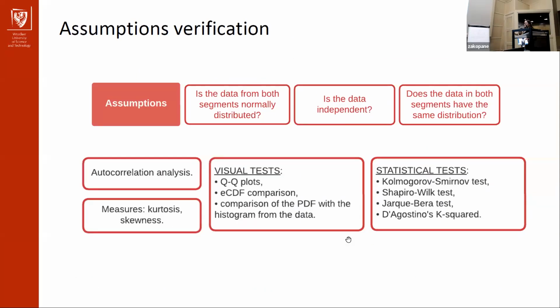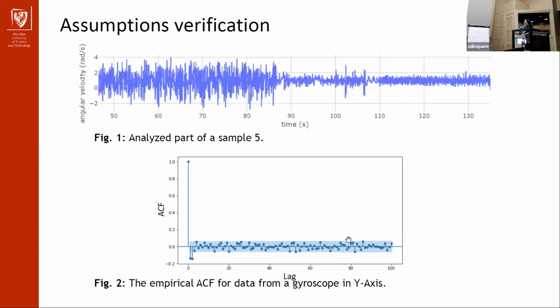And after that, we go to the last part, the verification of our assumptions. We checked if the data from both segments are normally distributed, if they are independent, and thus if the data in both segments have the same distribution. We did it using standard procedures visible on the slide. Just look at this picture.